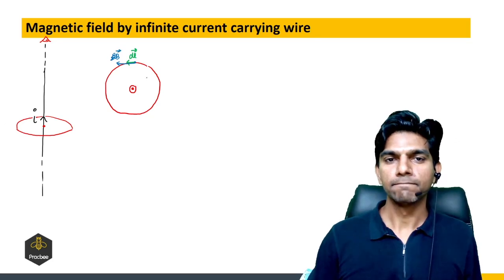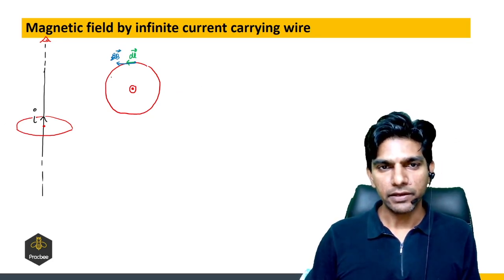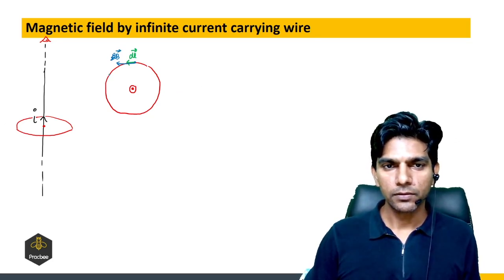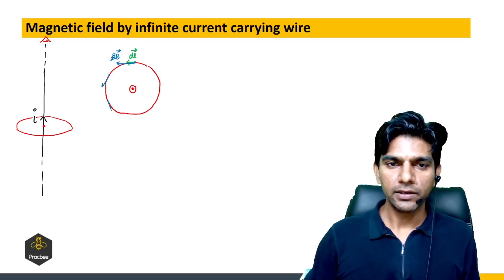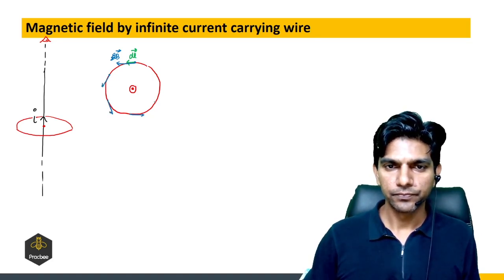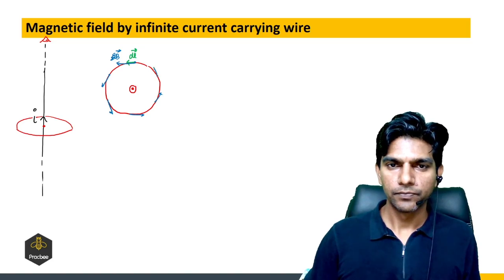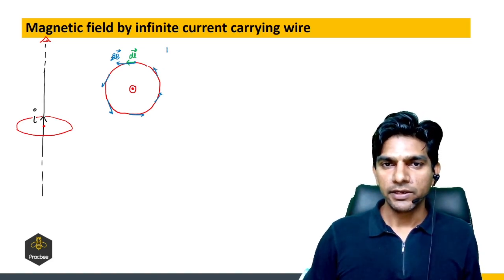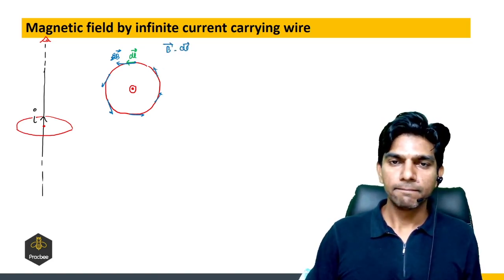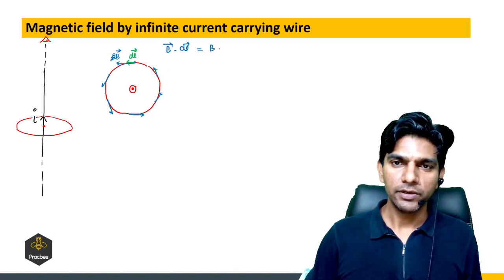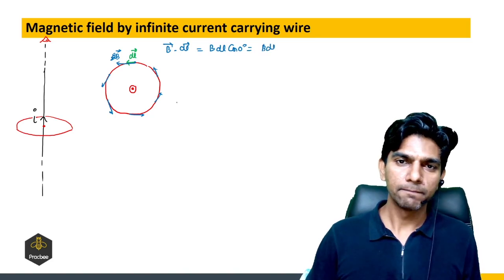So B and dl, at every point on this Amperian loop, the magnetic field will be tangential. So B dot dl can be written as B dl cos 0, and cos 0 is 1. So B dl.